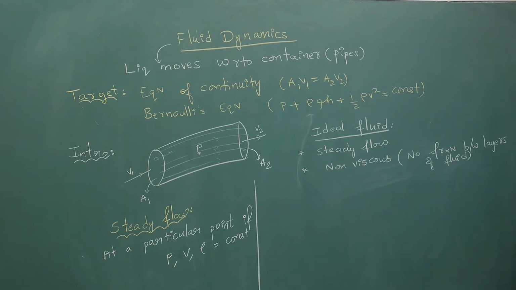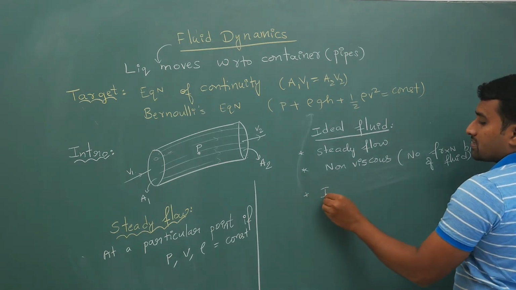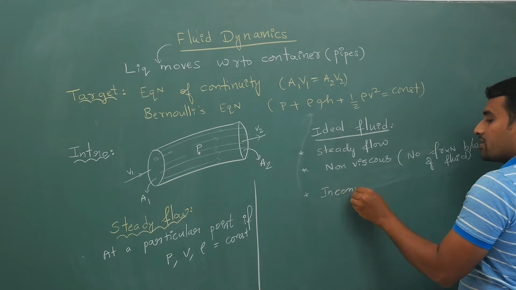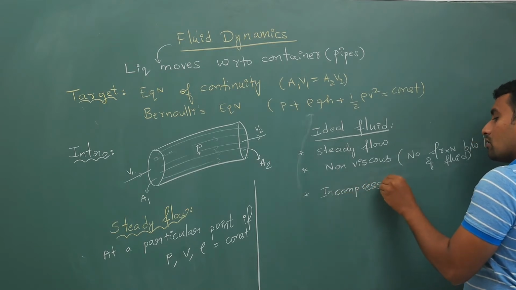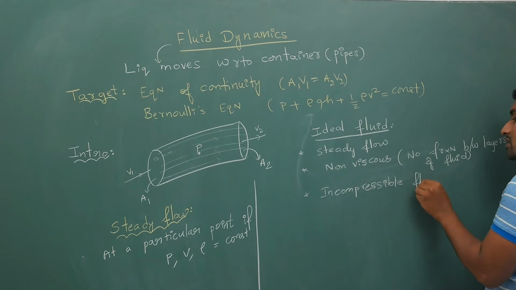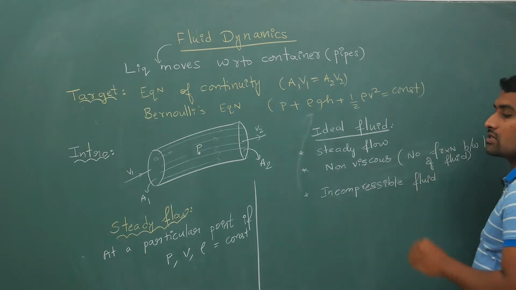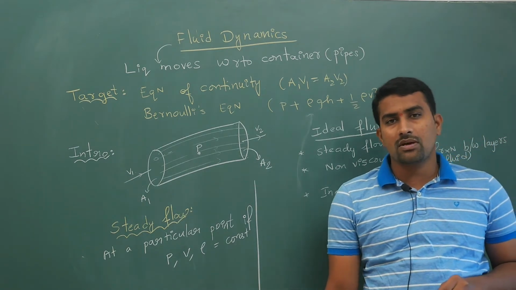Next, you also have to consider incompressible fluid. Incompressible means indirectly your density is not going to change. Your density is mass by volume.